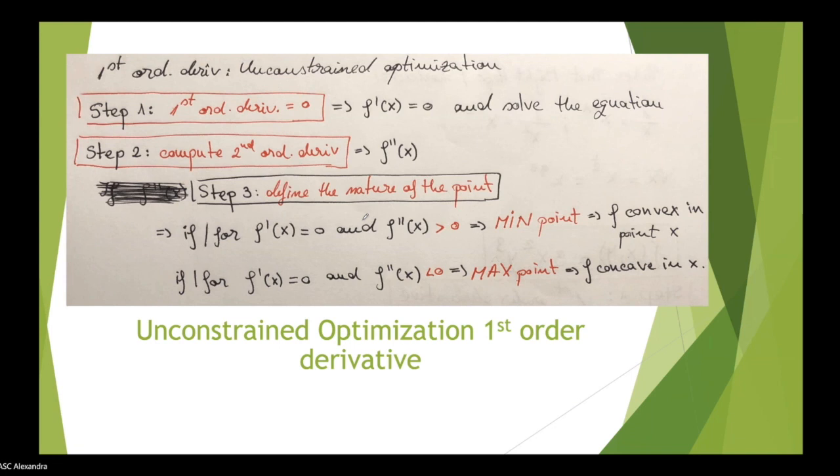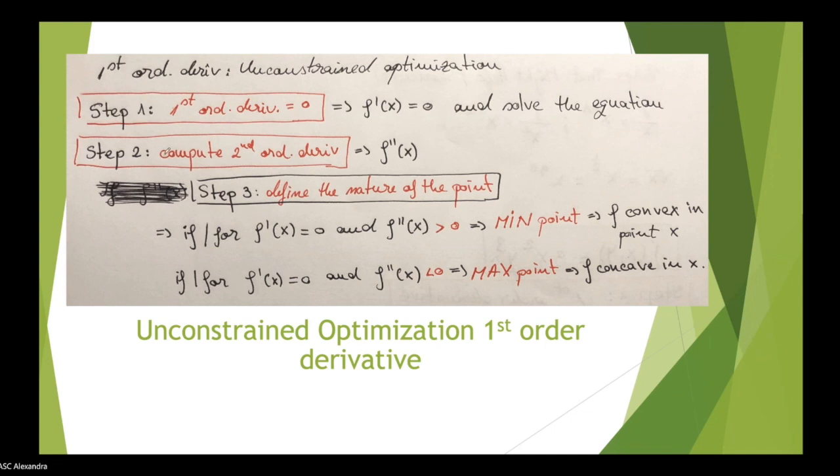That's your first step and your golden rule. You cannot start without doing this. So if you see the word optimization, maximization, minimization, whatever, first order derivative equals to 0. I think before I said x. No. First order derivative equal to 0. There you go. And solve the equation.